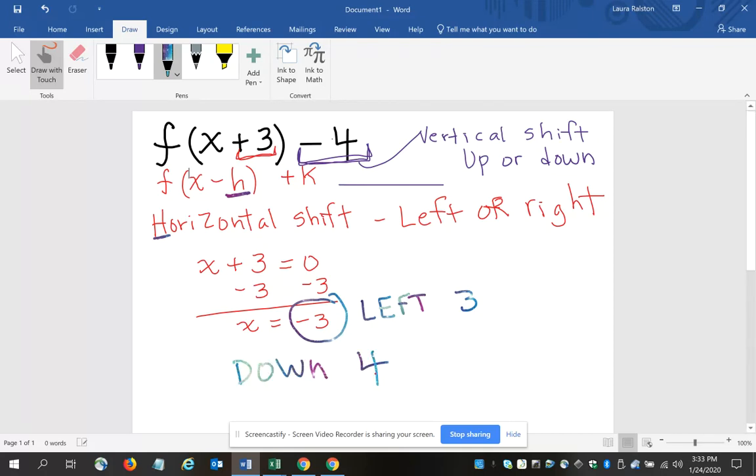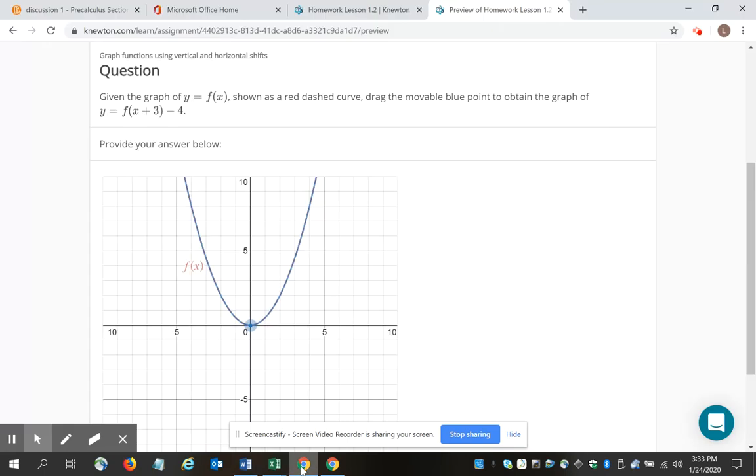So I need to go down 4 units. So I've got to take that original graph, the original dashed line, and I need to move it left 3 and down 4. So I'm going to go 1, 2, 3, 1, 2, 3, 4 down.